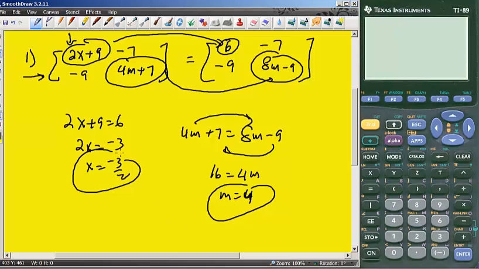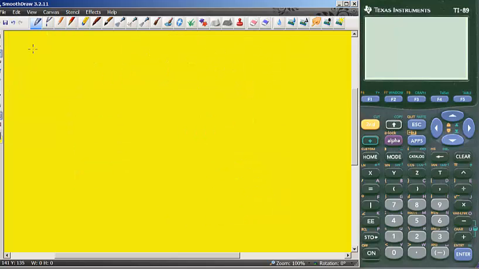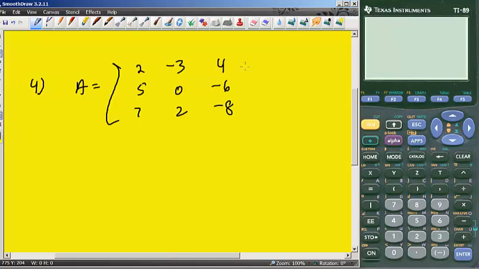Alright, now let's get to number 4. In number 4, they give you a matrix which is 2 by 7, okay, negative 3, 0, 2, 4, negative 6, negative 8, and they want you to find the term a 2 3 in this matrix.